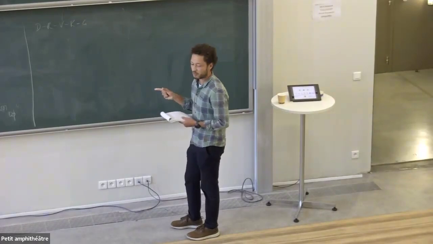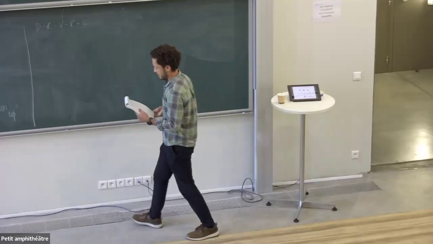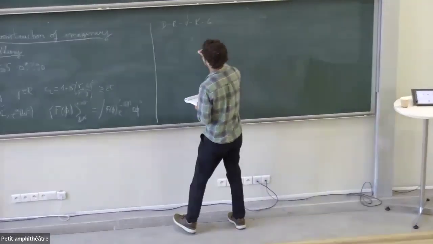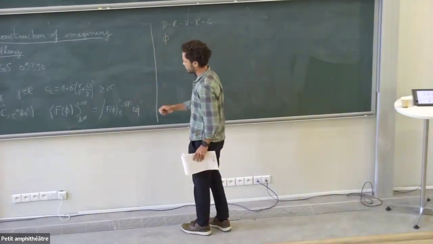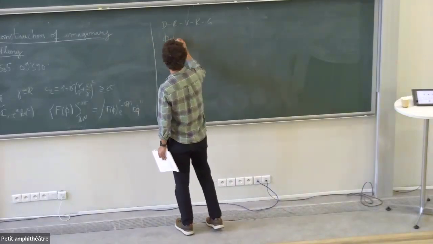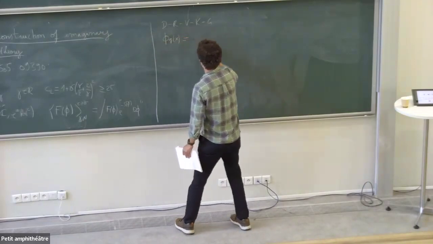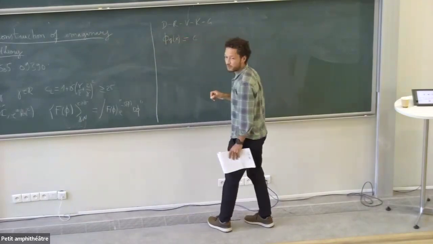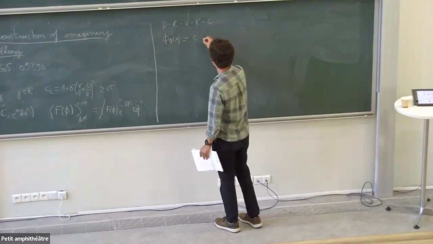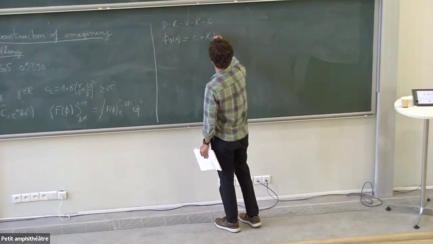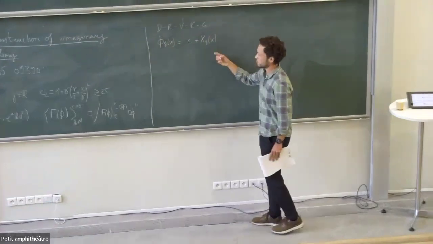My notations are quite the same as Antti's. The field phi is decomposed. It splits between a part which is independent of the point on the Riemann sphere, plus a part which is varying, which is called the Gaussian free field.